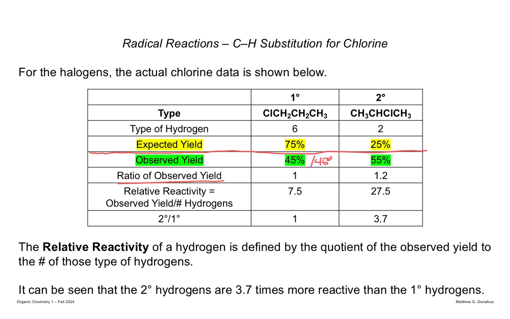That's the lowest one, so that gets us a ratio. So we get 1 and 1.2. Whereas, as before, you would have thought it should be basically a 3-to-1 ratio.